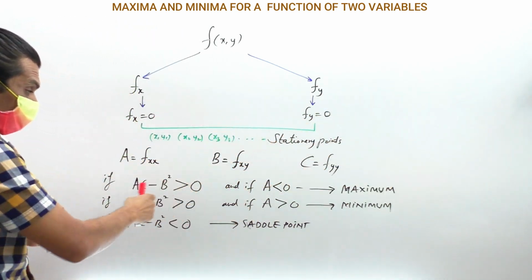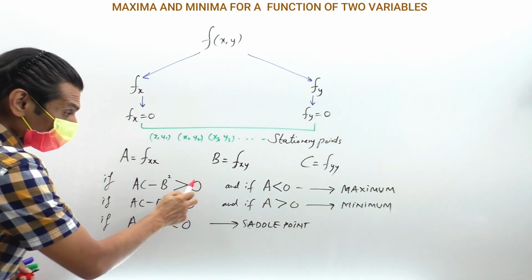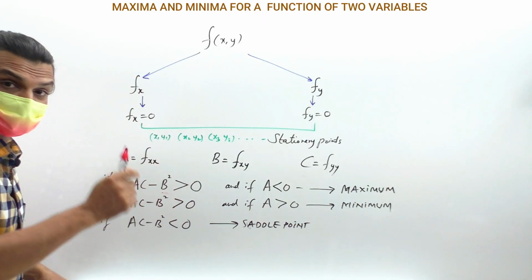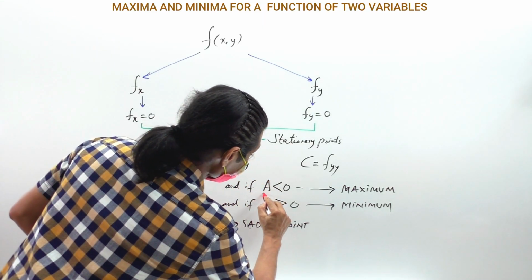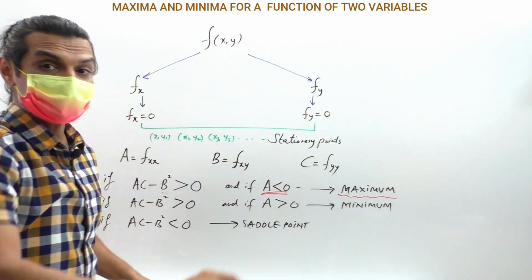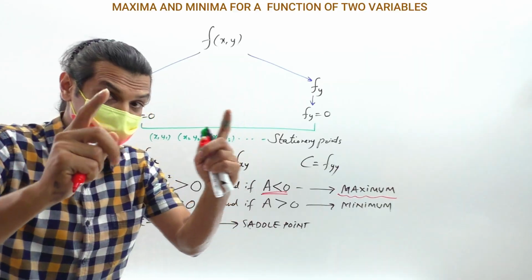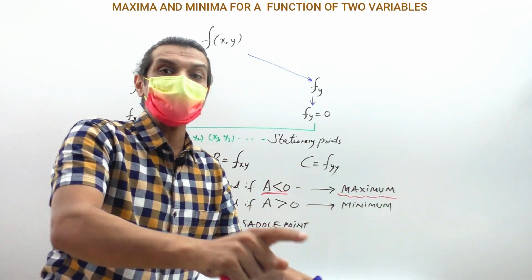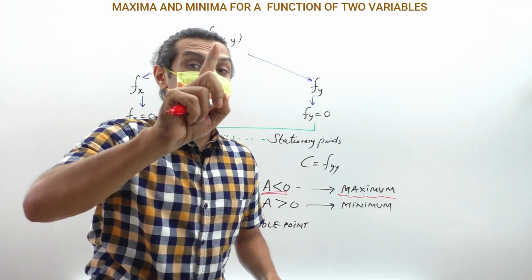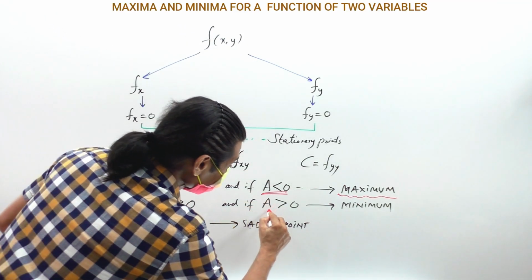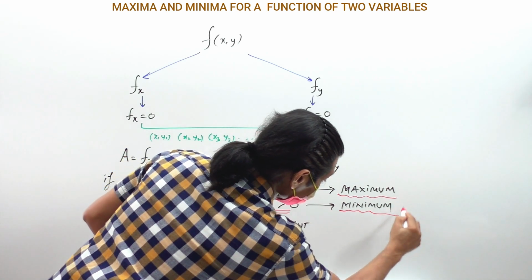Then the condition is if AC minus B square greater than 0, compulsory, it should be greater than 0. And if A is lesser than 0, that point is what point? Maximum point. Remember, AC minus B square greater than 0, A lesser than 0, maximum. And if A greater than 0, then what?